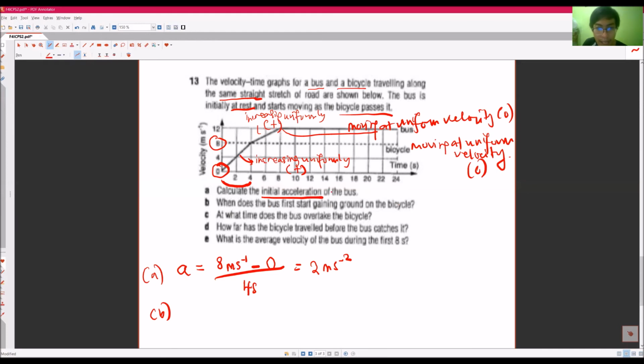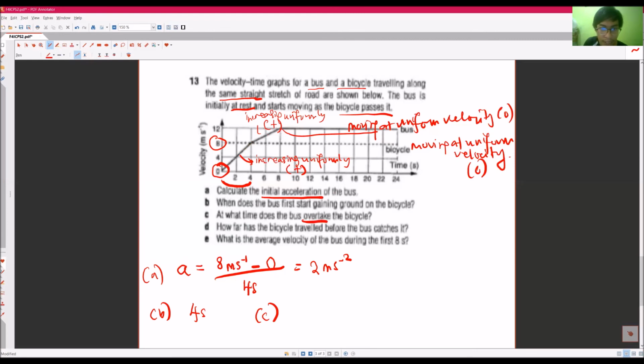When does the bus first start gaining ground on the bicycle? So we can say that gaining ground means it is moving at the same velocity as the bicycle, so at 4 seconds. C, at what time does the bus overtake the bicycle?